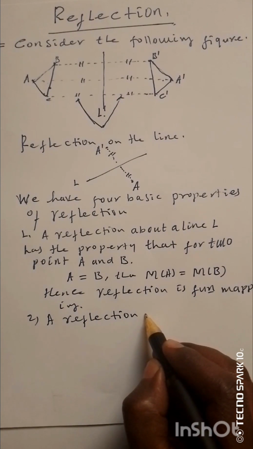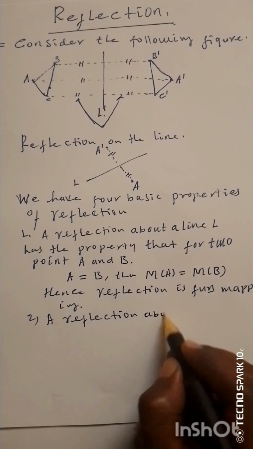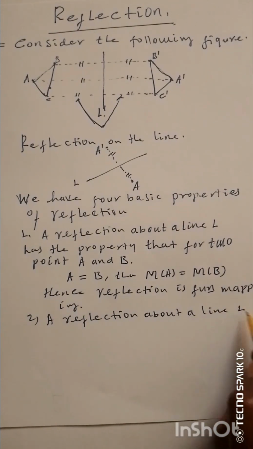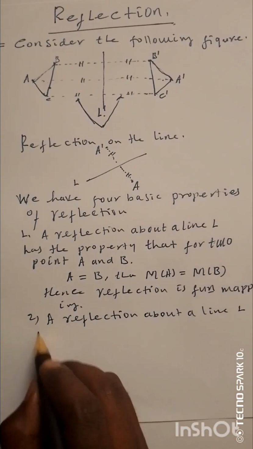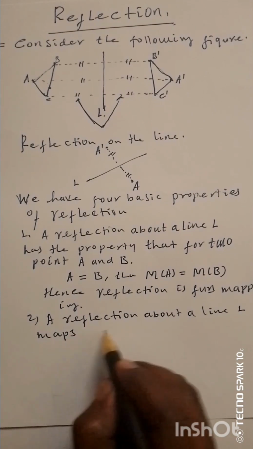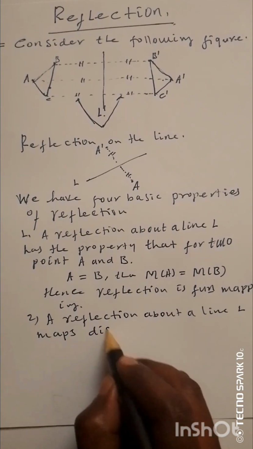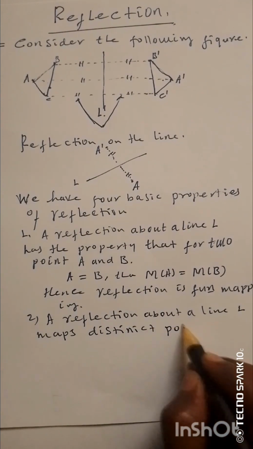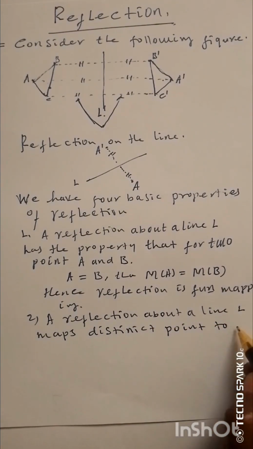The second property of reflection is that a reflection maps distinct points to distinct points.